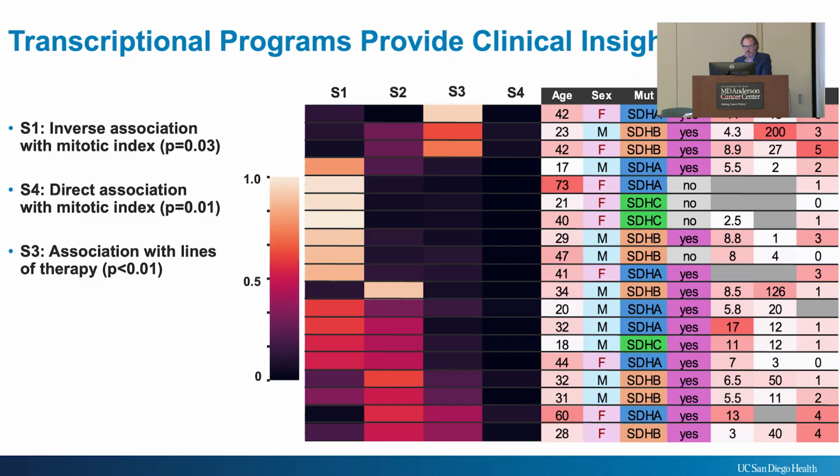200. And then finally, the state 3, we can associate with how many lines of therapy these patients have had. You can start seeing here state 3, 3 to 5 lines, down here 2 to 4. So perhaps suggesting that these different states might be identifying or differentiating, selecting for different populations of cells.